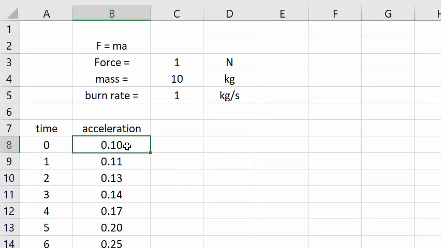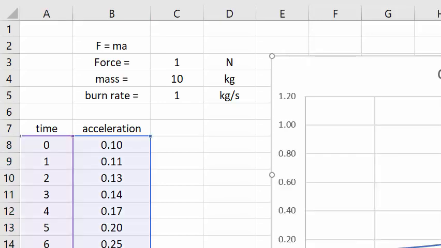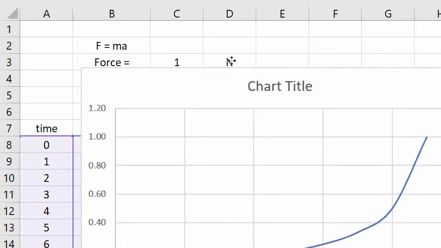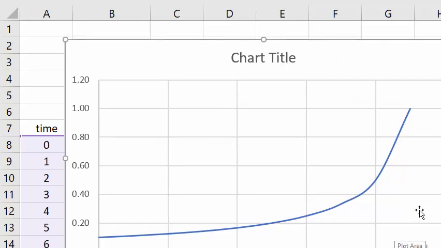And we can see that the acceleration increases all the way to infinity when we have no mass left. So now if we mark this block and say insert chart, we now get a graph of our acceleration up to 1 meter per second squared.